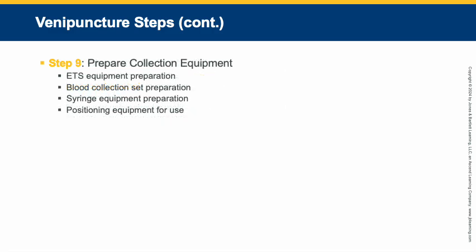Step 9, prepare your collection equipment. If you are using ETS equipment, you need to get that all together, because ETS equipment is going to be the ETS needle. Remember, that is the double-sided needle, and a tube holder. You're going to inspect the seal of the needle. If it is broken, discard the needle because it's no longer sterile.